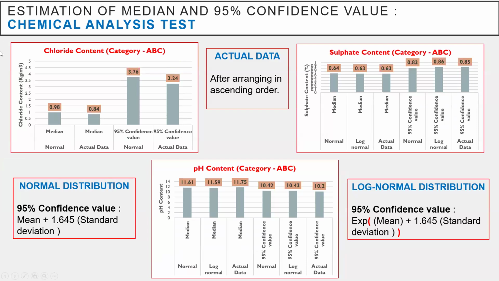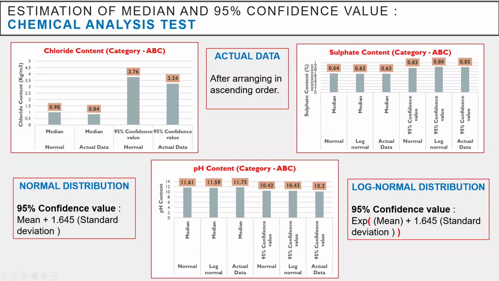This slide shows the results for chemical analysis, that is chloride content, sulfate content, and pH of the pore solution. Chloride content has been evaluated using normal distribution, and sulfate content and pH have been evaluated using both normal and log normal probability distributions.